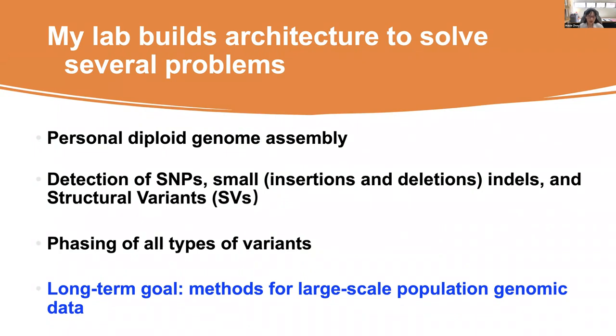But the long-term goal in the lab, given cost-effective sequencing technologies and the abundance of whole genome sequencing reads, is how to develop large-scale machine learning based algorithms for large-scale population genomic data.